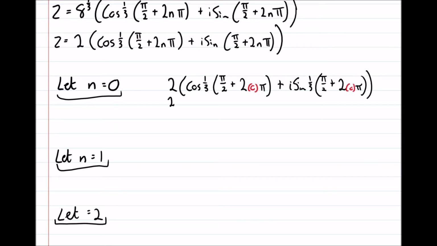That will give me 2 cos 1/3. Now 2 multiplied by 0 multiplied by pi is just 0, so I'll actually be left with pi over 2 plus I sine pi over 2. Okay, we have 2 then.